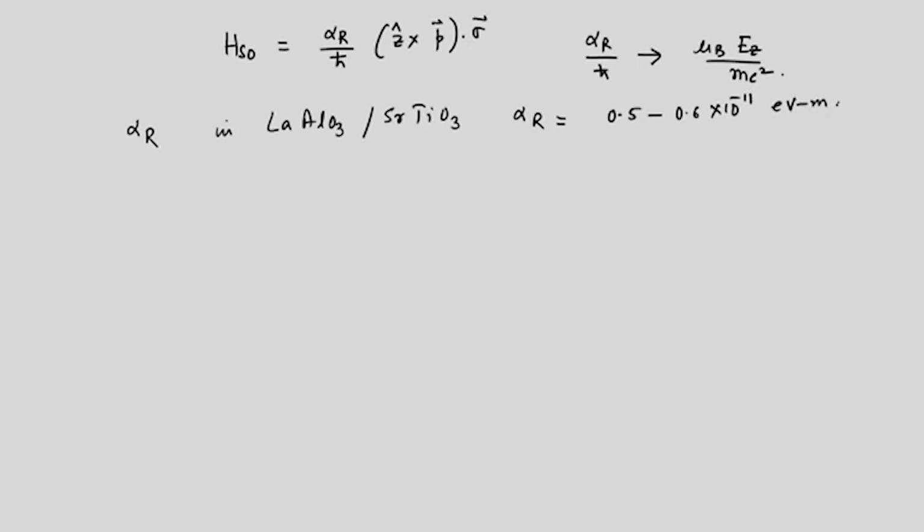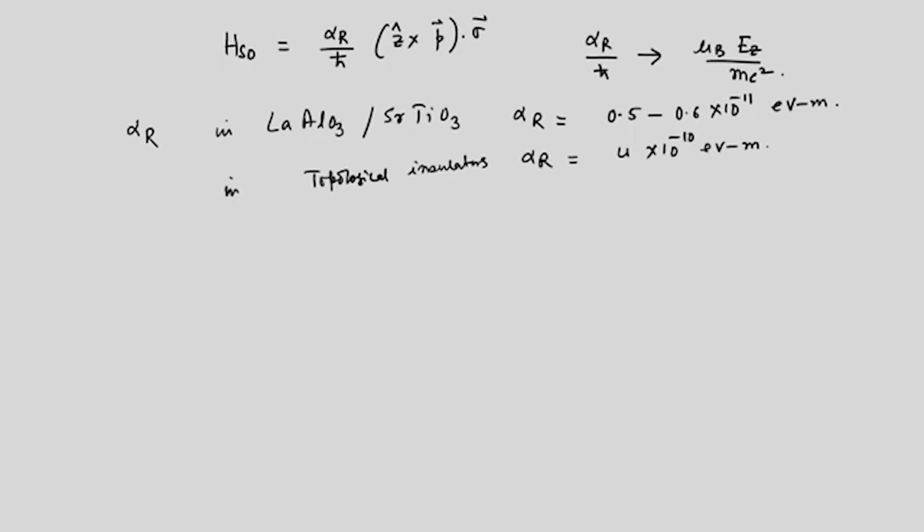Whereas for some of the topological insulators, alpha is typically 1 or 2 orders of magnitude larger, and it can have a value of 10 to the power minus 10 eV meter, and this can be further enhanced by using external means.